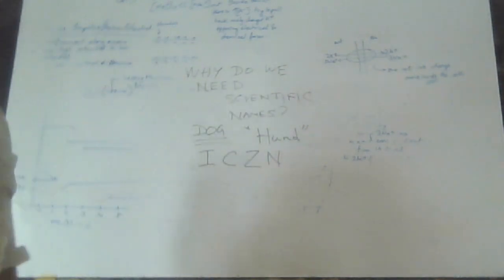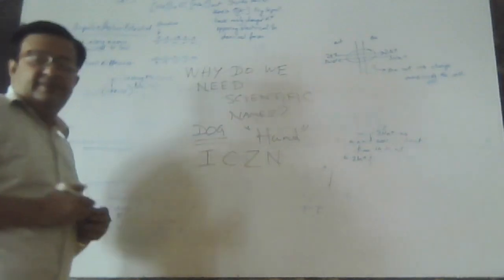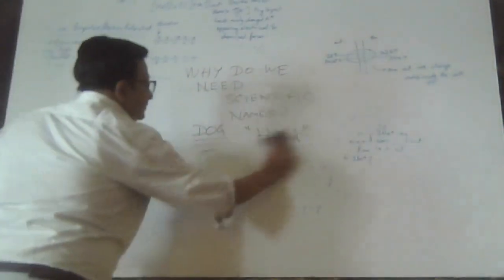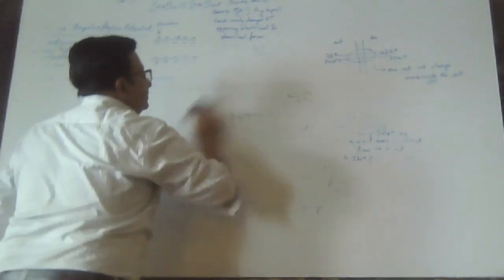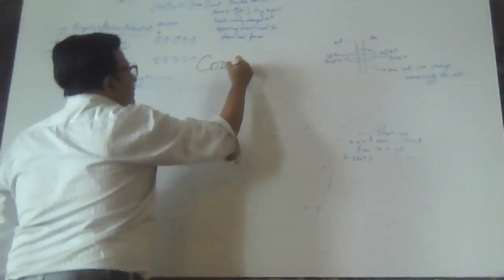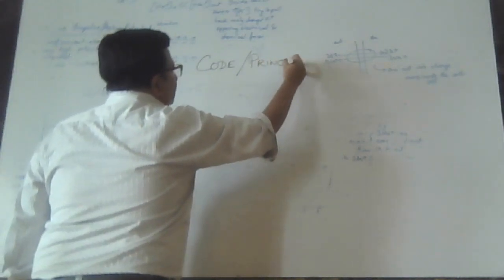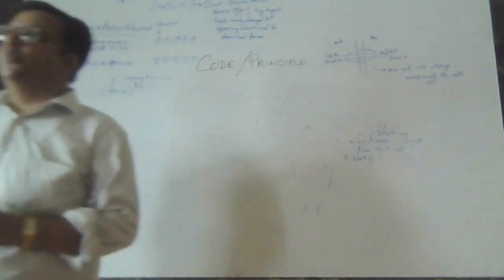They gave certain principles, a code or principle which everyone has to follow all over the world in zoology.